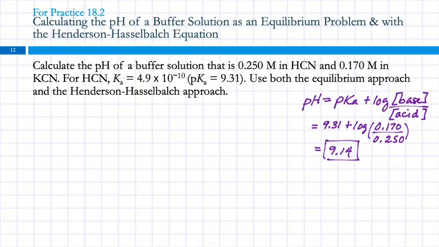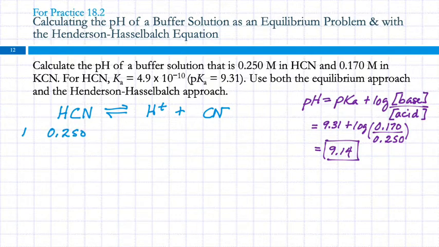Okay, let's do the equilibrium method. So we look at the equation for this acid. It's going to form H plus and cyanide. We'll make an ice table. The initial concentration of HCN is the 0.25. The hydrogen is essentially 0, and the cyanide is 0.17.